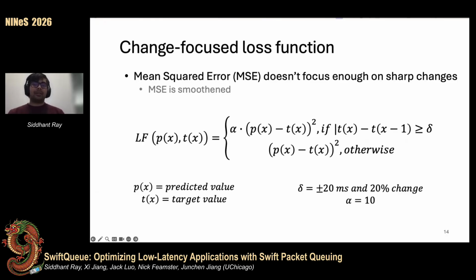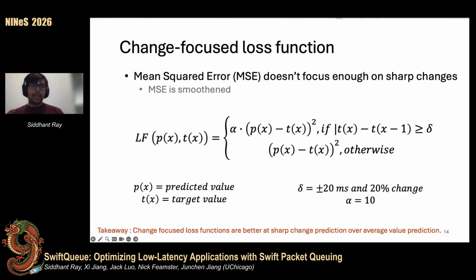These values are selected from the fact that a change of 20 milliseconds is actually perceivable for low latency applications such as VoIP and cloud gaming. And the transformer is trained to predict sharp latency changes rather than just the average values. And this, of course, can be changed based on the nature of the actual application. And change focus loss functions are better at sharp change prediction than average value prediction, which is what we care about for this project.